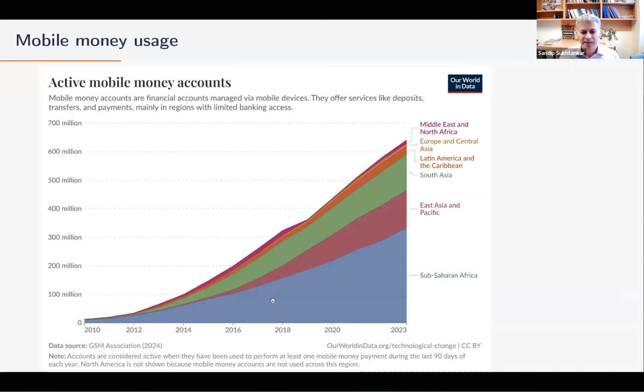So you'll see the huge explosion. You'll see the big improvements in sub-Saharan Africa, but also in other parts, East Asia, South Asia, and other parts of the world as well. So huge numbers of people with active mobile money accounts. And again, if you go to Our World in Data, you can play around with this yourselves.